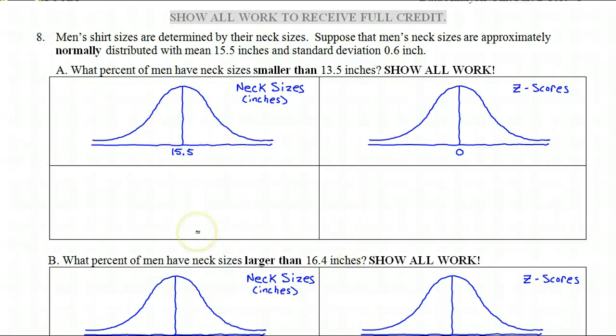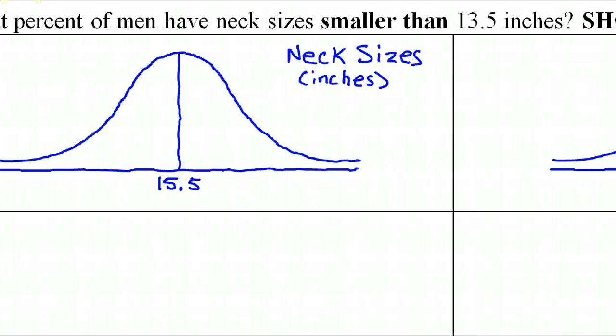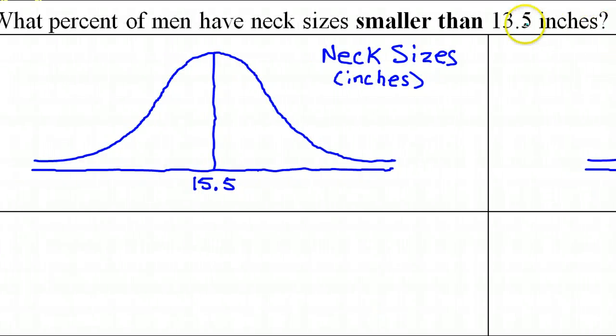So, alright, what percent of men have neck sizes smaller than 13.5 inches? Okay, 13.5 inches, of course, will be somewhere to the left of 15.5, so just draw a line over here somewhere. Okay, and label it 13.5, alright, inches.